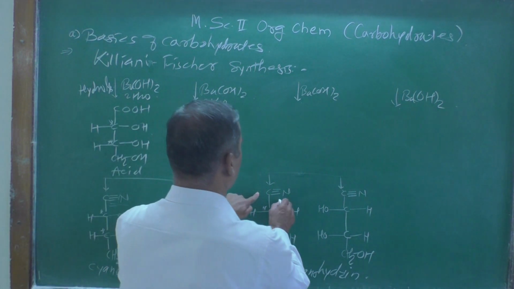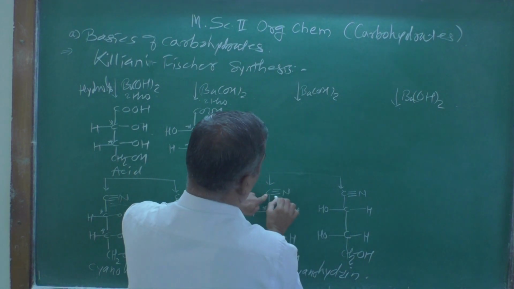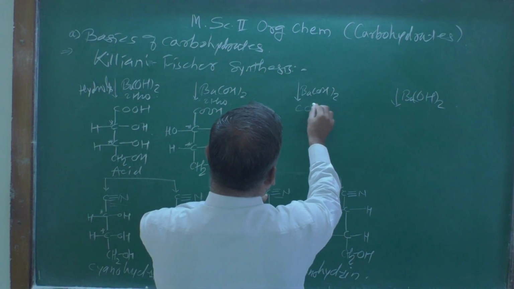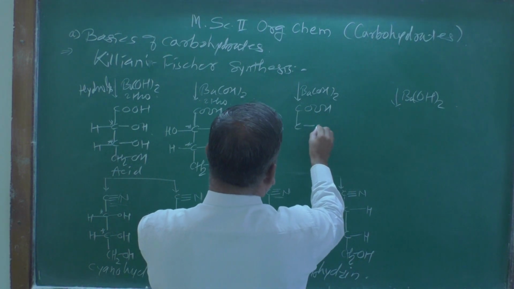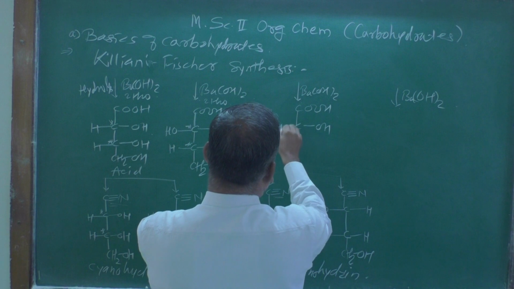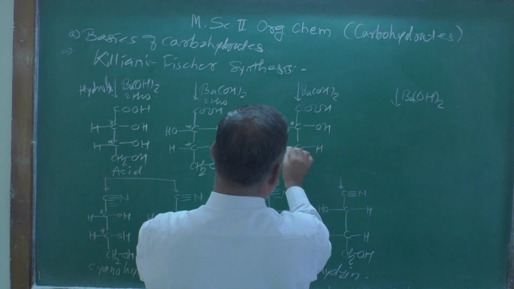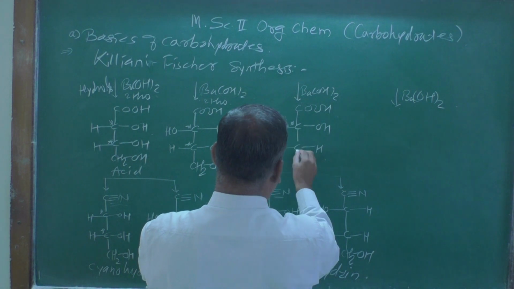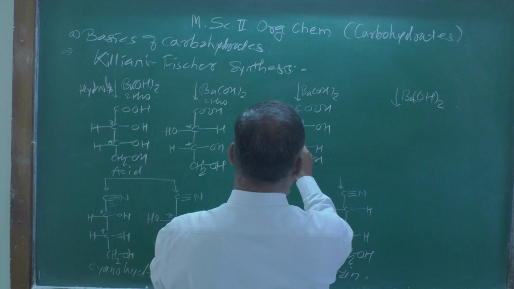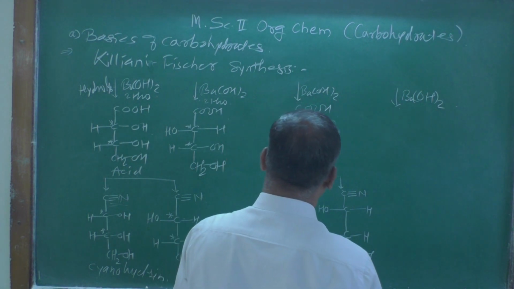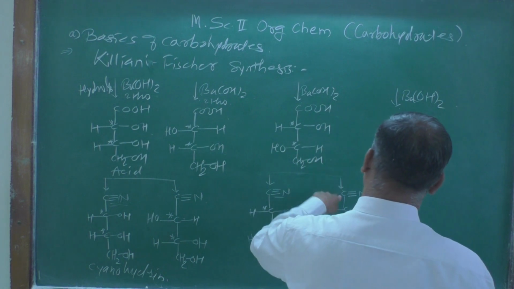Now I am hydrolyzing this one. Remember, this cyanide group is going to convert into a carboxylic group, and the rest of the thing which I am writing over here is as it is. Here is a hydrogen atom and HO on the left-hand side, and then CH2OH. That's the compound which we got over here, with 2 chiral centers.